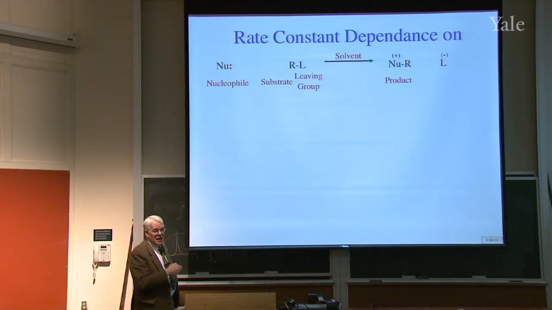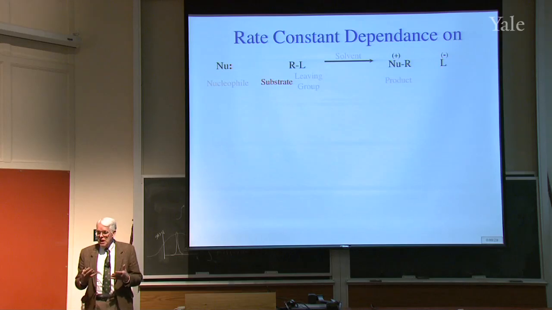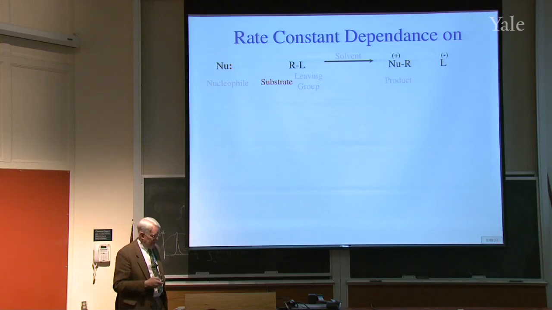It also may depend on the nature of the product, for example, whether the product is charged or not, right? So all of these things will influence the rate constant, and we're going to look at the whole set of them one at a time and see whether these tell us something about the mechanism of the reaction.